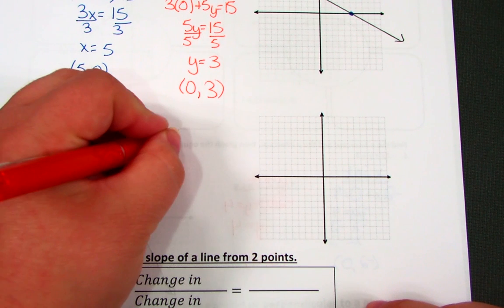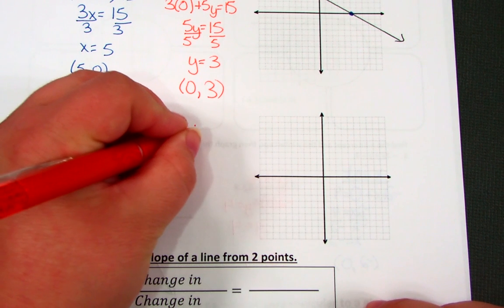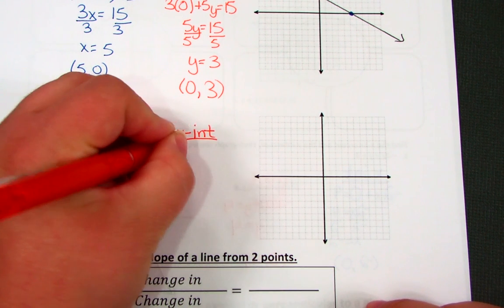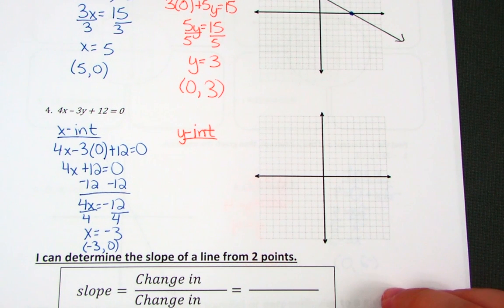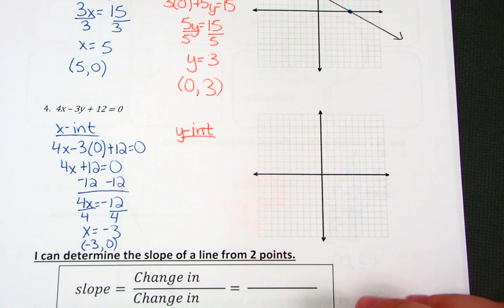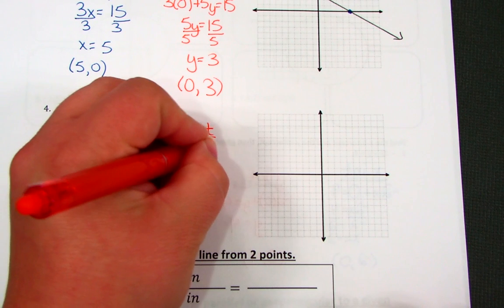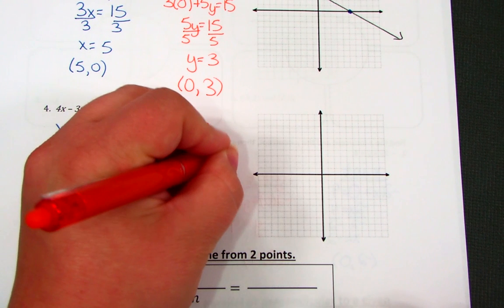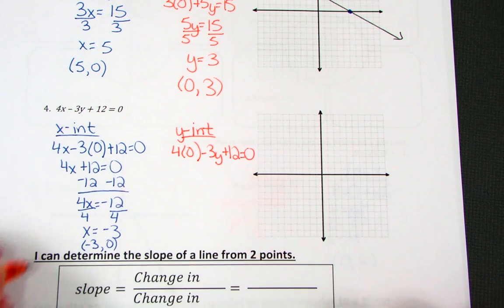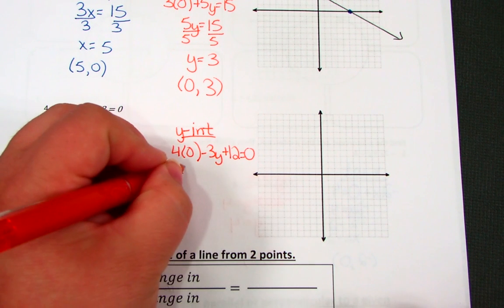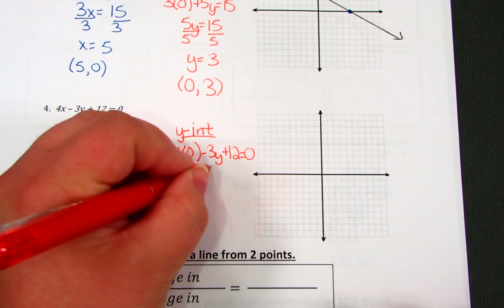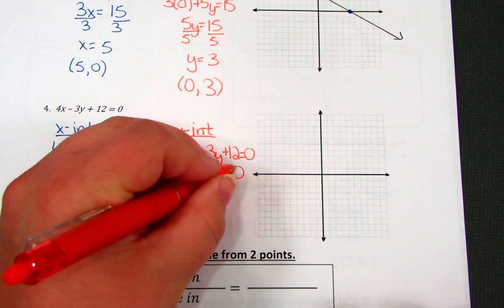Y-intercept puts 0 in for x. You gotta be tired of me saying this over and over. But I just want to make sure that you remember it. So 4 times 0 minus 3y plus 12 equals 0. 4 times 0 is 0, so I just have negative 3y plus 12 equals 0.